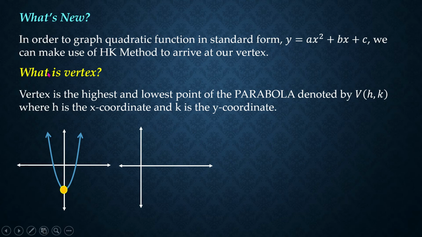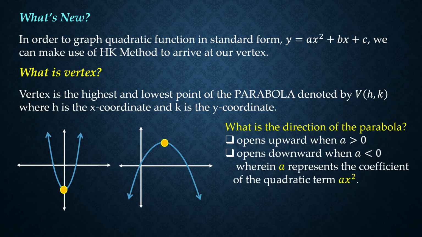The vertex is the lowest point, since the parabola is facing upward. It becomes the highest point when the parabola is facing downward. So the vertex in the second graph is at the top, since its graph opens downward.